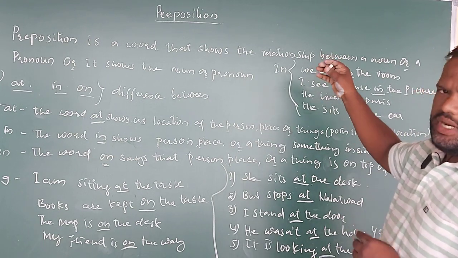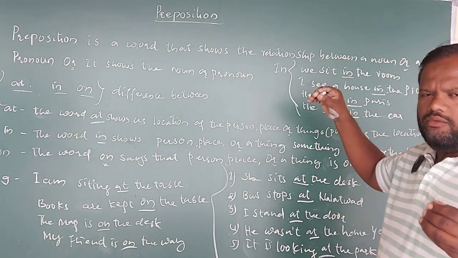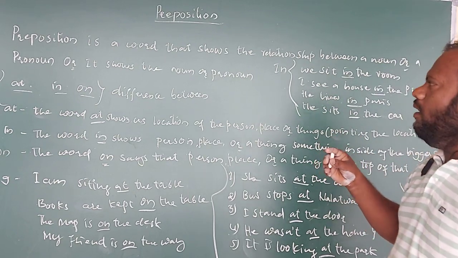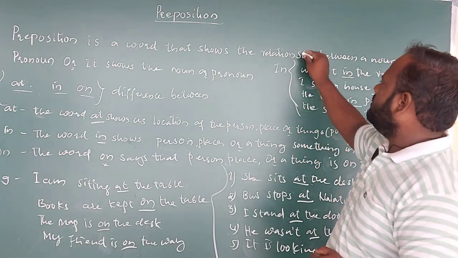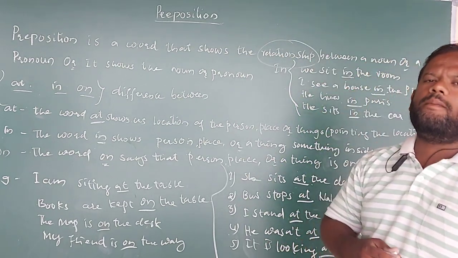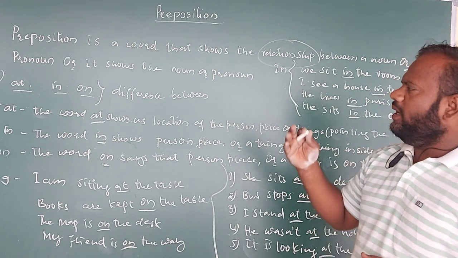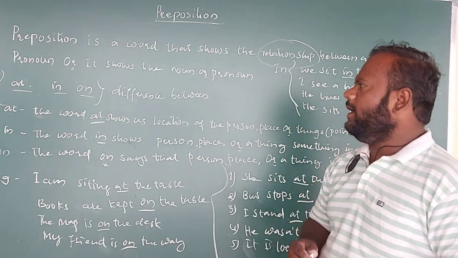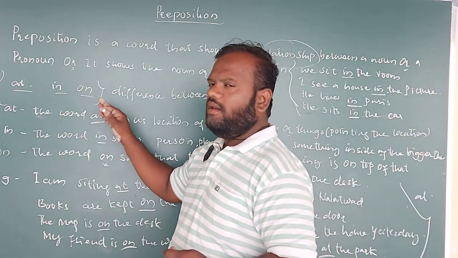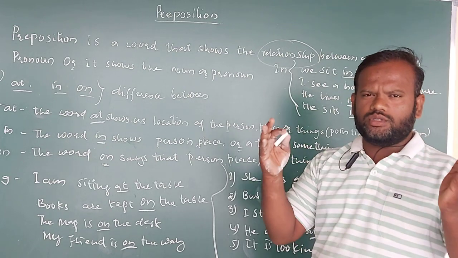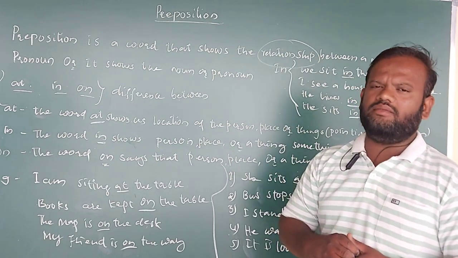It is nothing but a word showing the position of a noun or pronoun, or the relationship between them. That is called a preposition. In prepositions we get a lot of confusion regarding at, in and on. These three prepositions create a huge number of confusions in our mind when we use them.